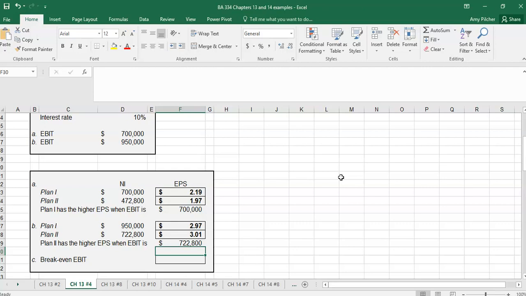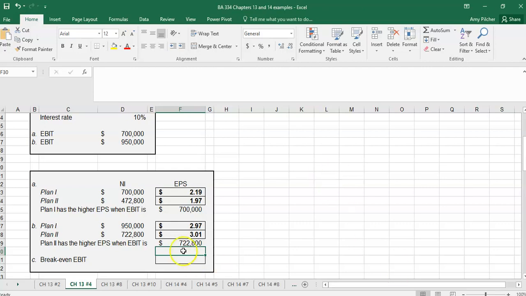Now, what is the break even EBIT? So this is where at what income would they have exactly the same earnings per share, either plan? So at what net income would they have the same exact result?